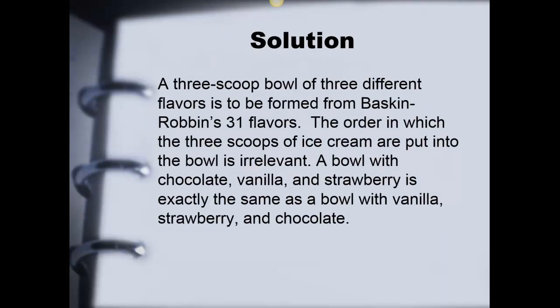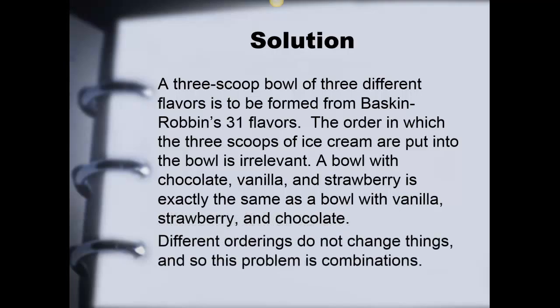So we have here a 3-scoop bowl of 3 different flavors formed from Baskin-Robbins' 31 flavors. The order in which the 3 scoops are put into the bowl is irrelevant. A bowl with chocolate, vanilla, and strawberry is exactly the same as a bowl with vanilla, strawberry, and chocolate. Different orderings do not change things, and so this problem is combinations.